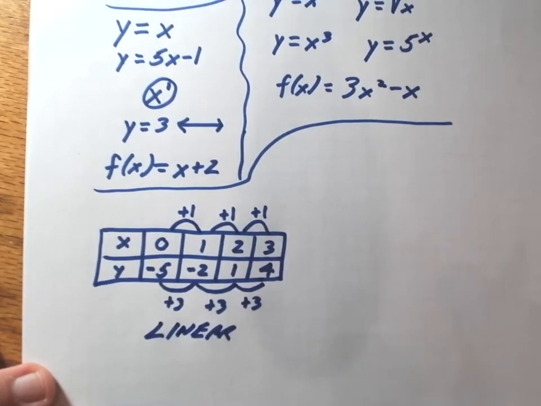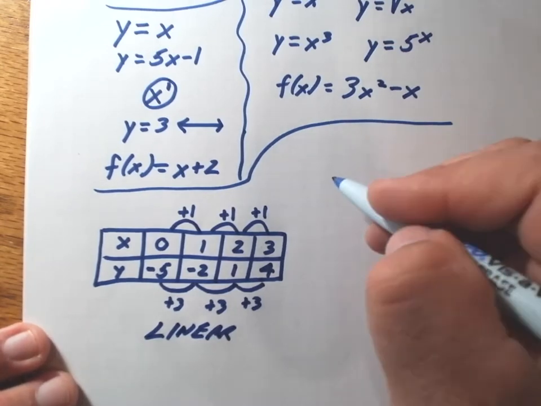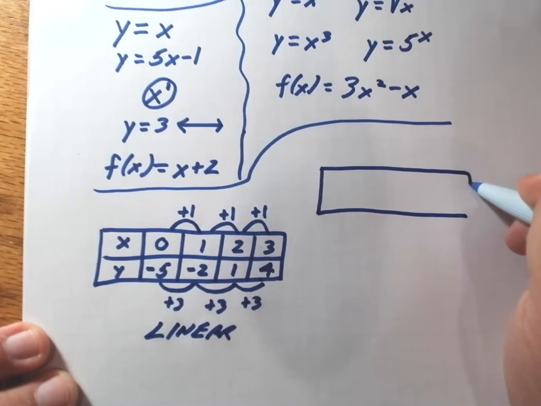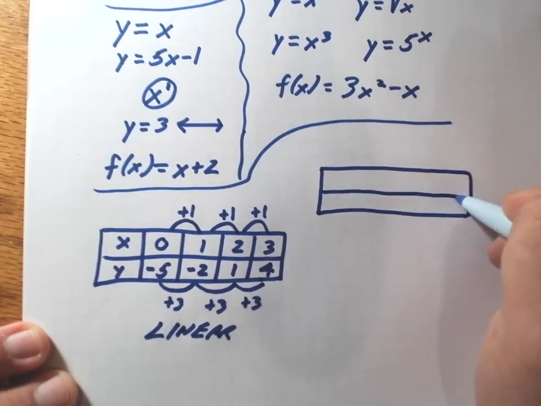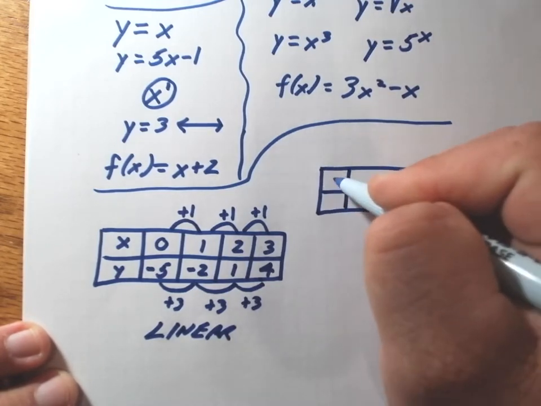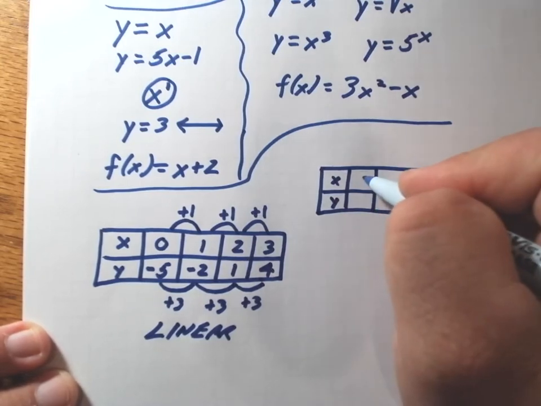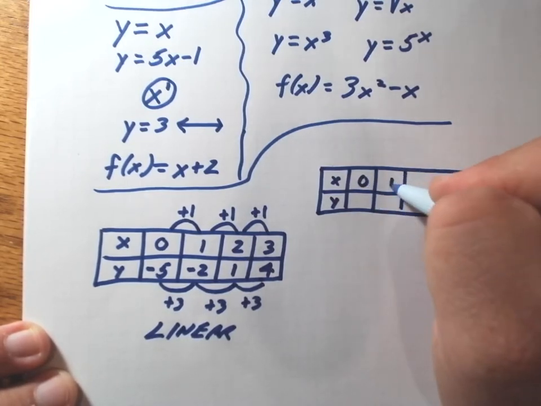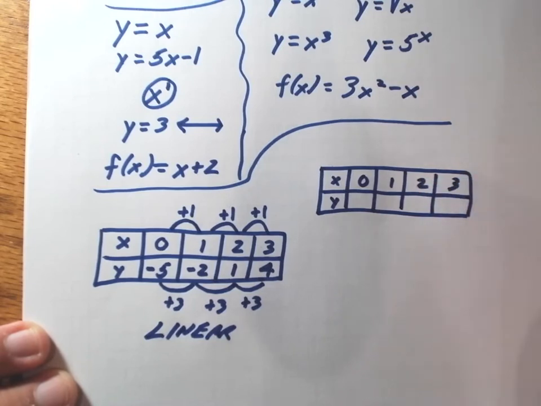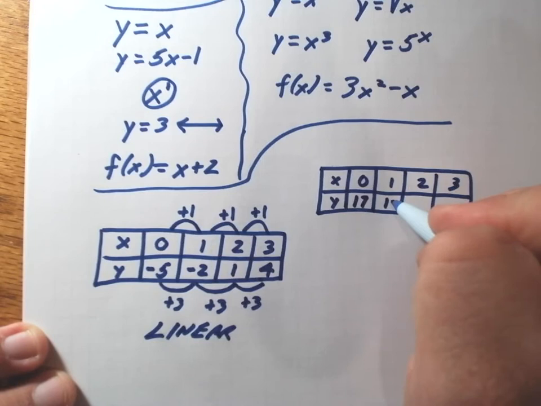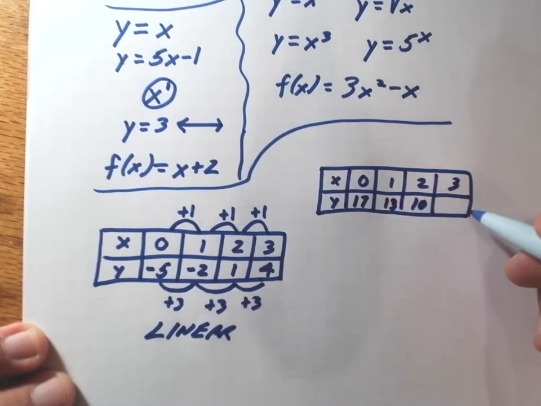Now, an example of a nonlinear relationship might be something along these lines. Again, I'll make a table, and I'll use x and y again, and this time I'll go with 0, 1, 2, and 3 again. This time I'll go with 17, 13, 10, and let's finish with 6.